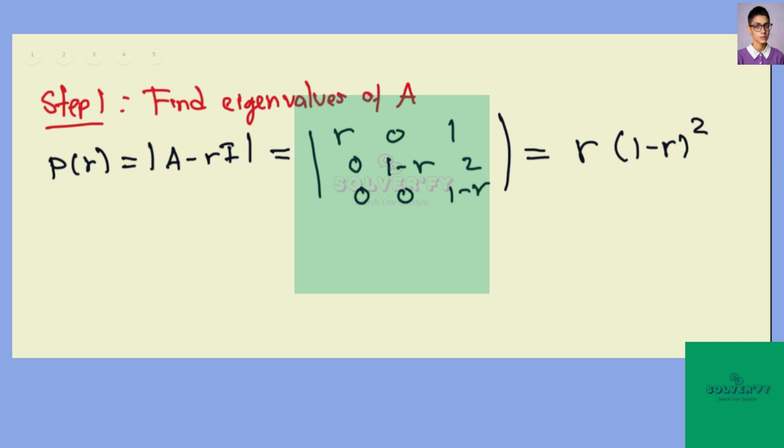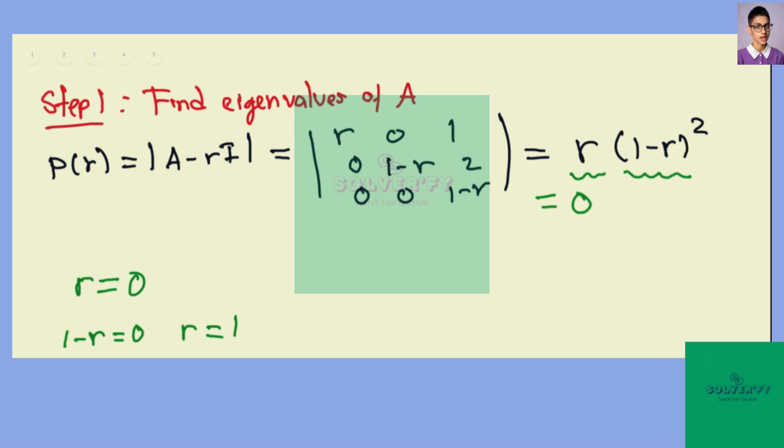Okay, so the eigenvalues of this matrix are given by making this expression equal to 0. So we get two solutions. The first solution is this term over here equal to 0, so R is equal to 0, and the second term will be 1 minus R equal to 0, so R is equal to 1. We also need to consider the multiplicity of each eigenvalue.